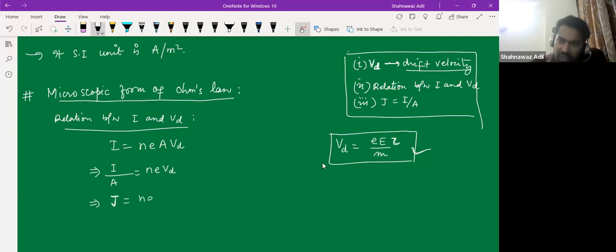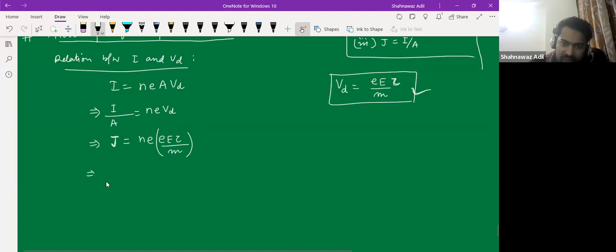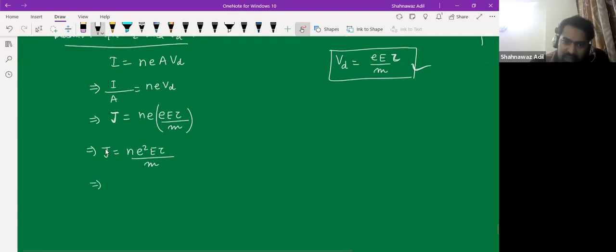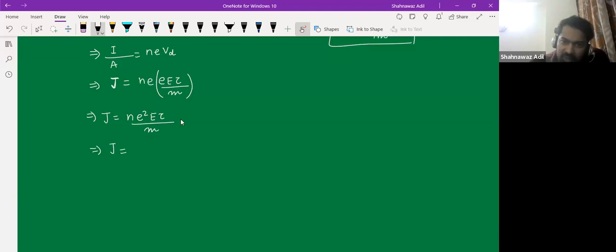J equals n e times e tau by m times E, which is n e square tau by m times E. If we take this part to the right hand side, this part, n e square tau by m, we call conductivity.